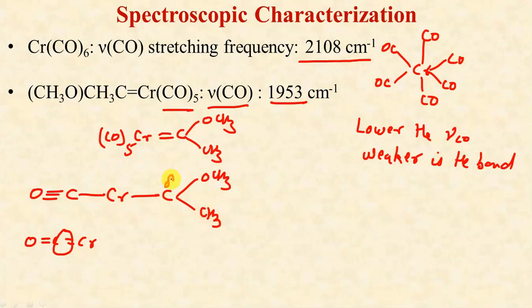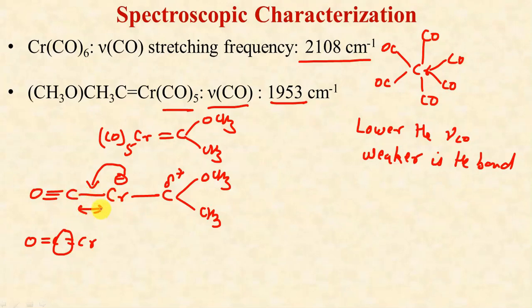This carbon is electrophilic in nature and the metal has electron density, and we have said that this carbon has very little tendency to accept these electrons which are present on the metal. So in this way, the metal transfers its electrons very strongly to the carbonyl carbon atom, which means this bond becomes stronger.